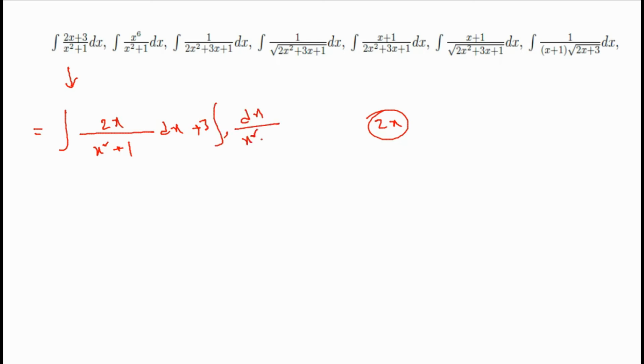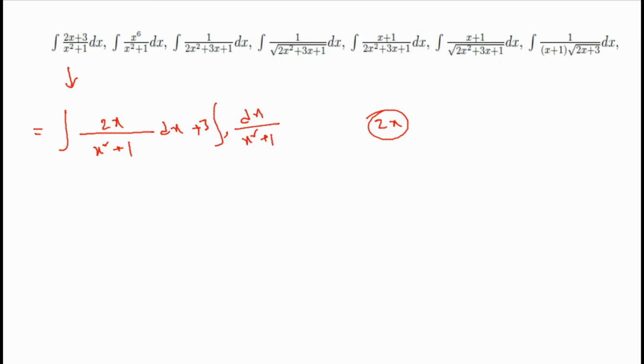Okay, now for this problem you can just use, this is basically x square plus 1. We need to differentiate that one, so 2x. You can write this as integration 2x dx plus integration 3 dx by x square plus 1.